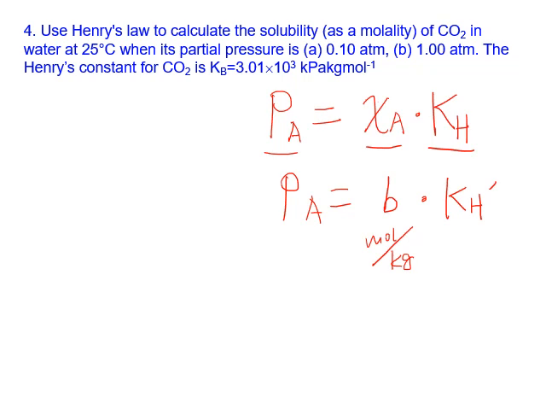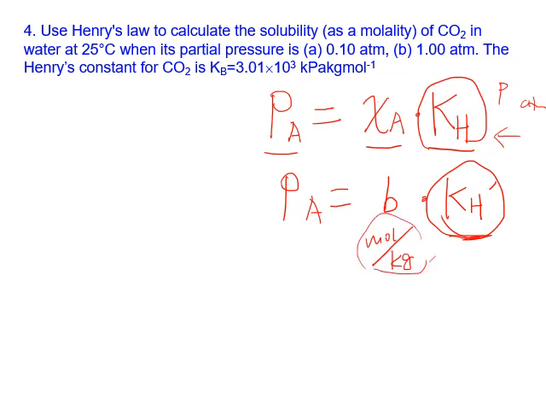We look at the unit of Henry's constant. If Henry's constant is in Pascal or atmosphere, then we know it's this equation. But if the Henry's constant includes moles per kilogram, then that's molality. So in this question, the Henry's constant unit is kilopascal kilogram per mole, and that means we are using this equation.